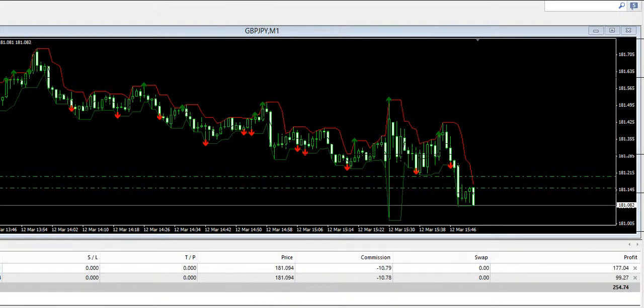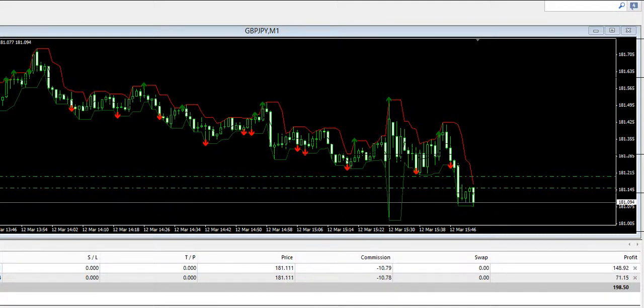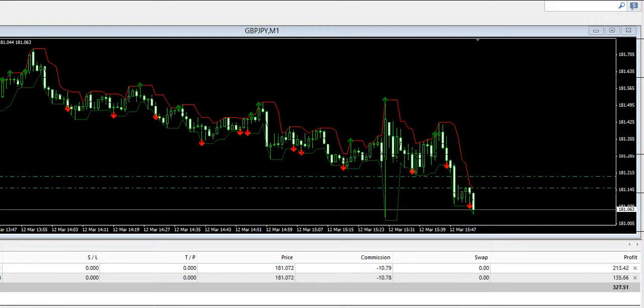So we manage about 1 to 3% in profits every single day. That is our goal, to get at least 1 to 3%. Now some days we will have less and some days we will have more. It really depends on what the market is doing and the volatility of the market in that particular day.